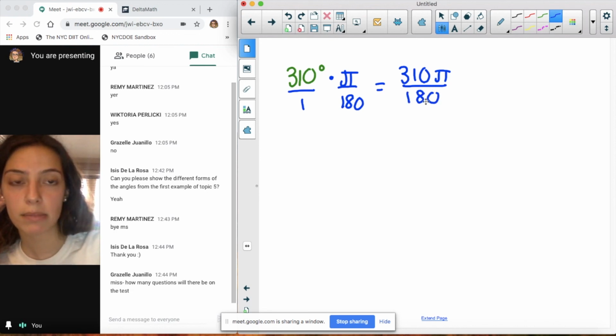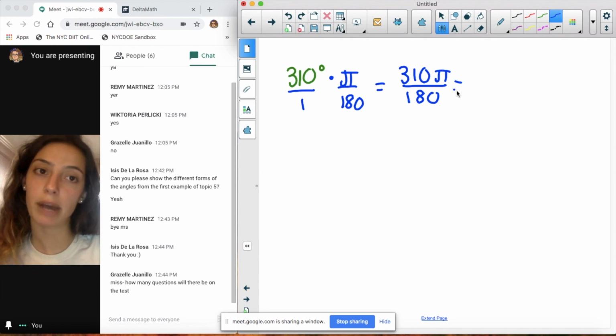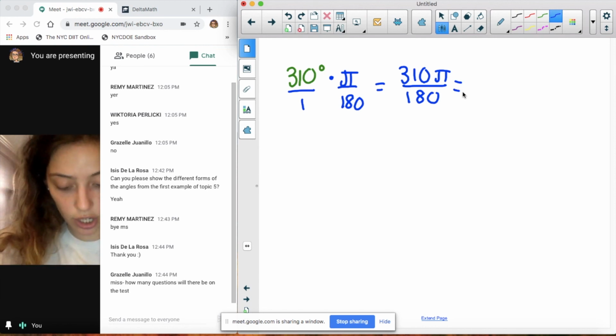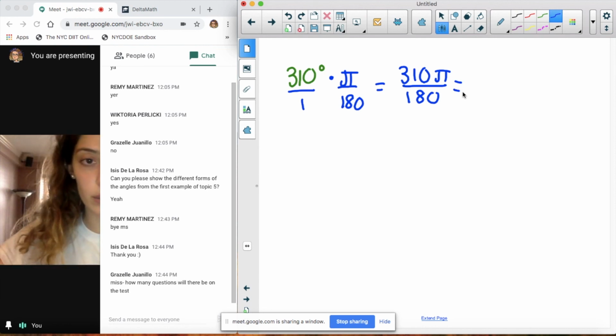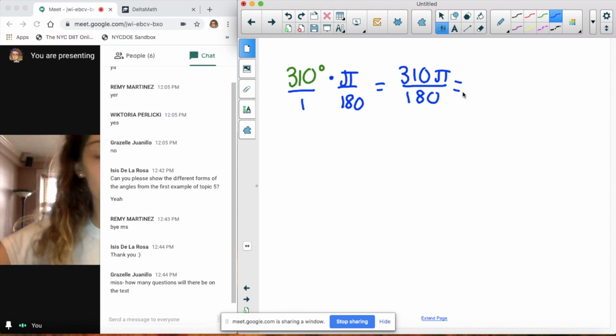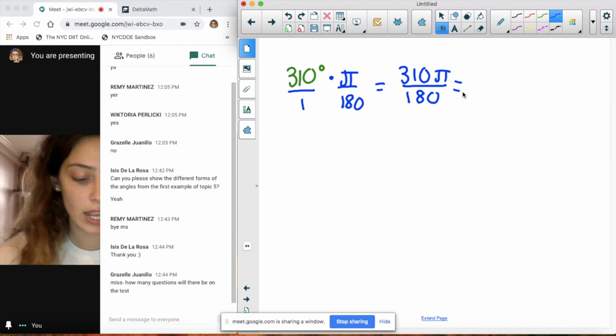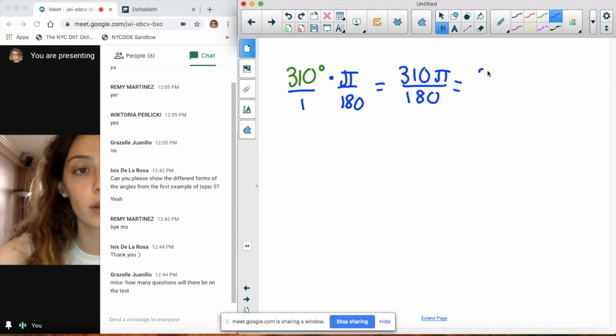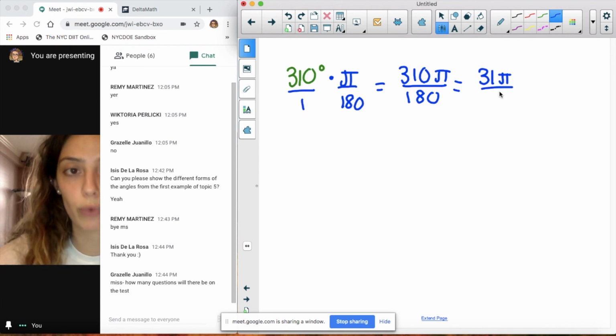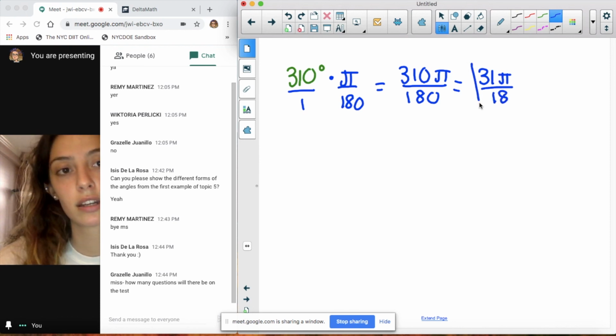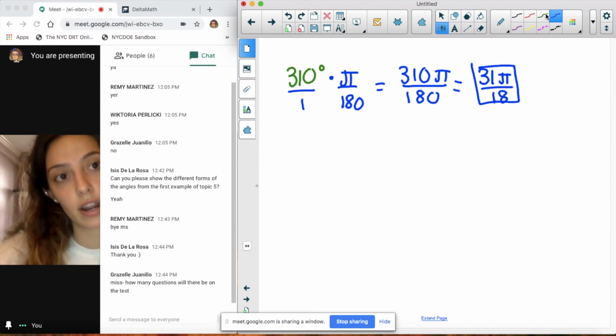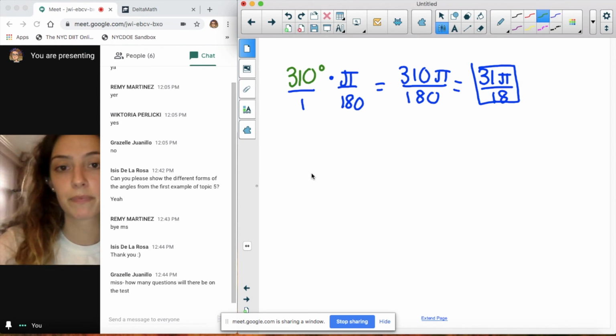So you would simplify just the numbers, not pi. To do that in your calculator, you would type in alpha y equals, and then 310 over 180, or you can use the math frac button, and it'll simplify to 31 over 18. So it'll be 31 pi over 18, and that would be your answer in radians.